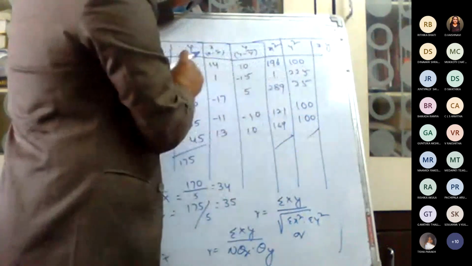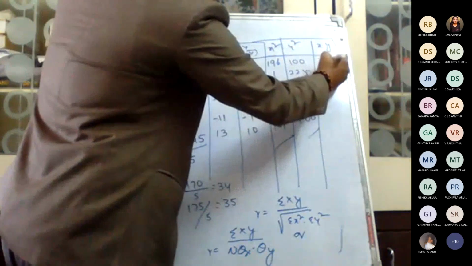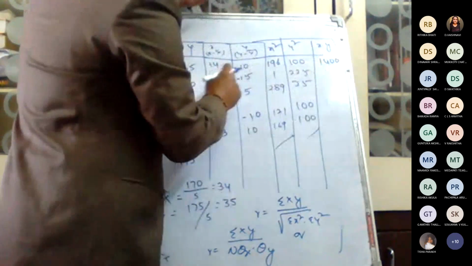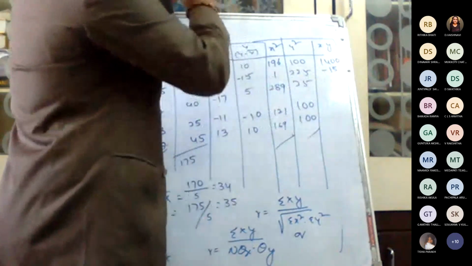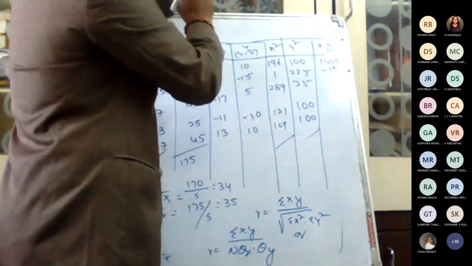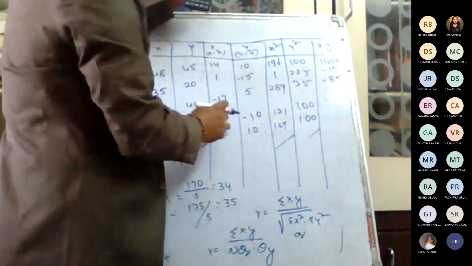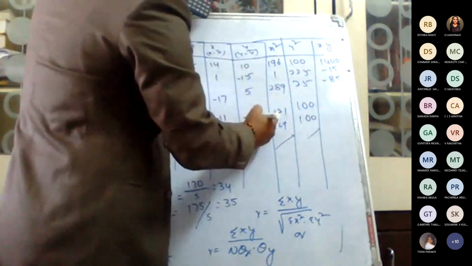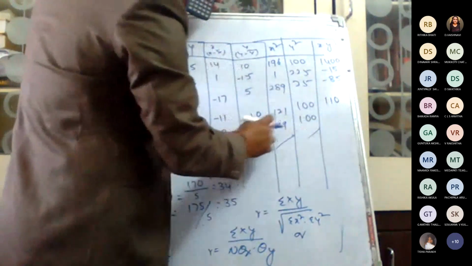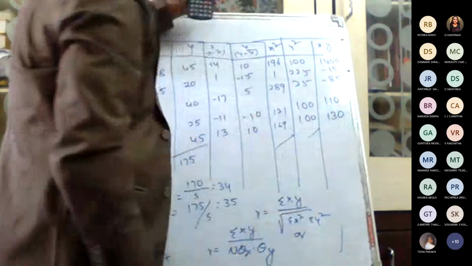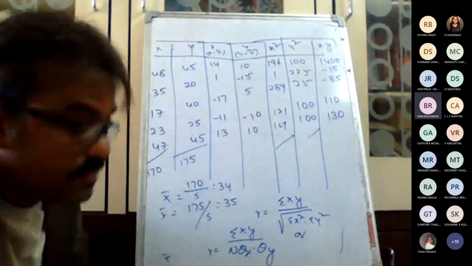Now sigma x into y. 14 into 10, 140. 1 into minus 15, minus 15. 17 into 5, minus 85. 11 into 10, minus into minus is plus, so this is 110. 13 into 10, 130. Correct? Sir, first one 14 into 10 is 140, right?